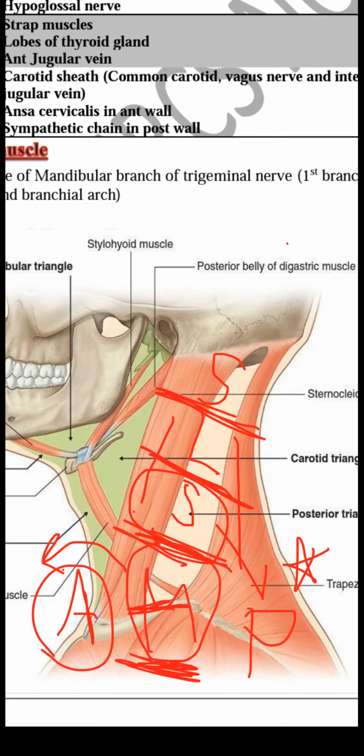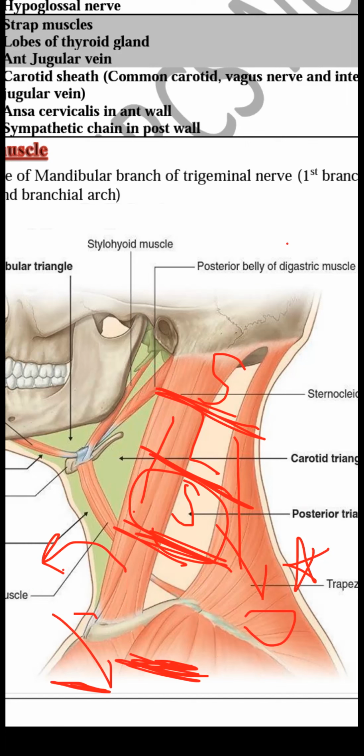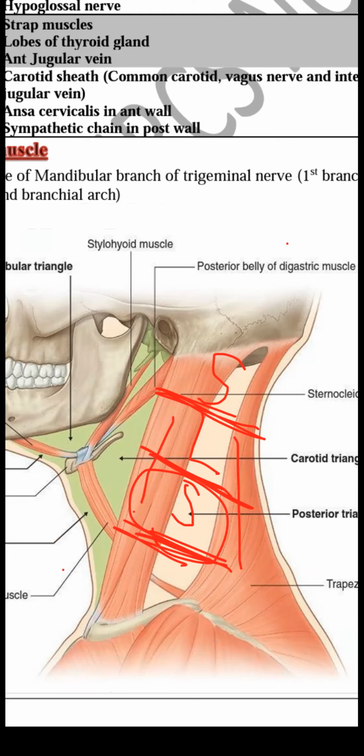It came in exam before: which scalene is the content of the posterior triangle and which is part of the floor? Part of the floor is the scalenus medius, while scalenus anterior is a part of the content. So what are the muscles forming the floor of the posterior triangle? SLS: splenius capitis, levator scapulae, and scalenus medius.